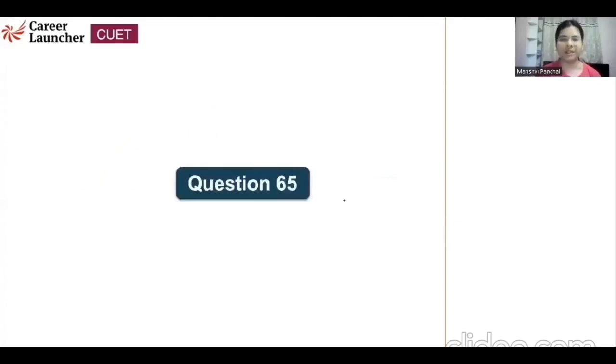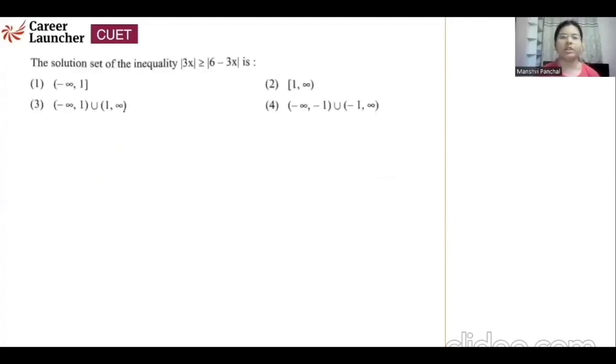Next, we have question number 65. The solution set of the inequality |3x| ≥ |6 − 3x|. Right? So we have to do this. Let's take case 1.